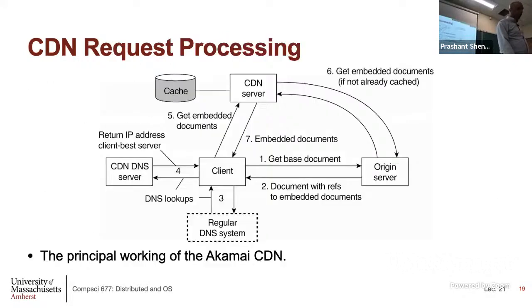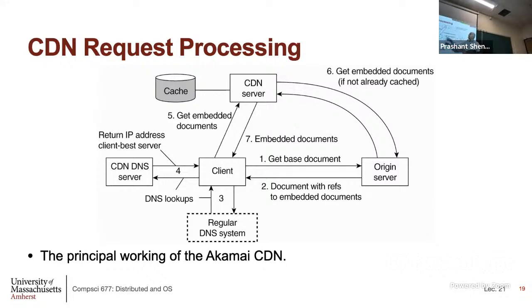So what you will do is you basically put intelligence in the DNS server. The client will try to find an IP address because when you have any name, it has to first translate that to an IP address. So you have to take cdn.com and say, what IP address do I use? What the DNS server will do is it will actually check where the client is located, where this request is coming from, to make an IP address translation. If the request came from Amherst, it will say, is there a proxy cache nearby in Amherst?